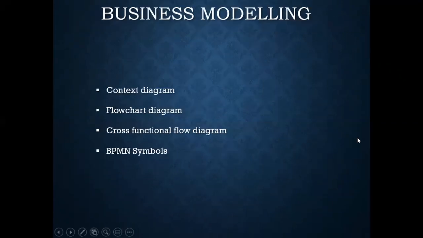So we have various ways that we can model a business process. There's what we call the context diagram. If you have watched the previous videos that I mentioned, I showed an example of a context diagram. We usually call it level 0.